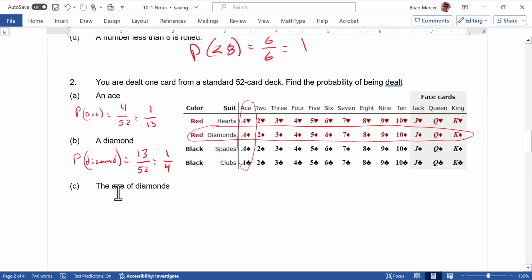Probability that you get the ace of diamonds. Now we're getting real specific. There's only 1 card, the ace of diamonds, so that's 1 out of 52. And those are our probabilities from cards.